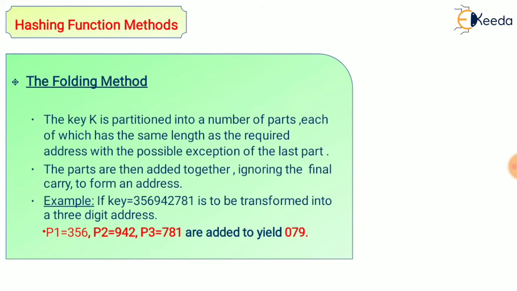The next method we are using among the hashing function methods is the folding method. Now, what is the use of this folding method, or how does it differ from the division hash method?